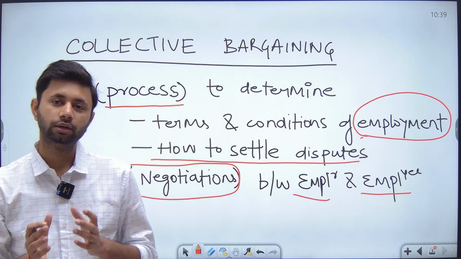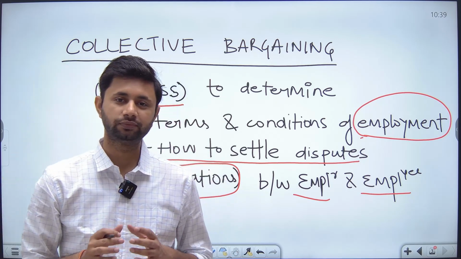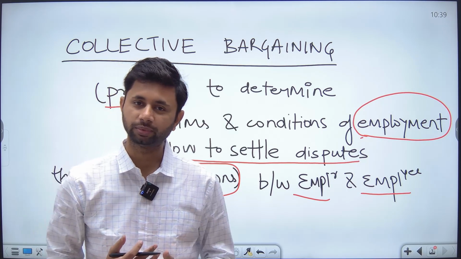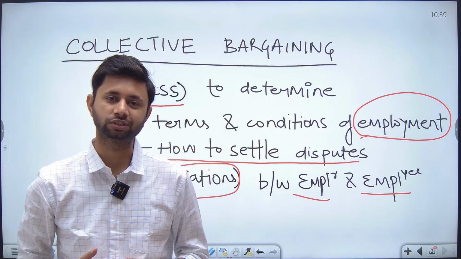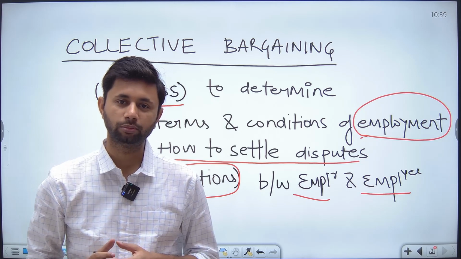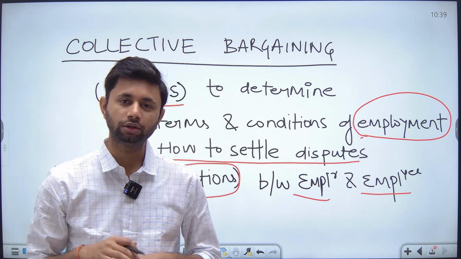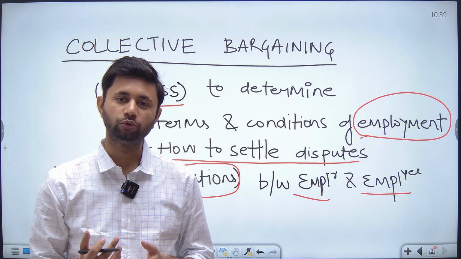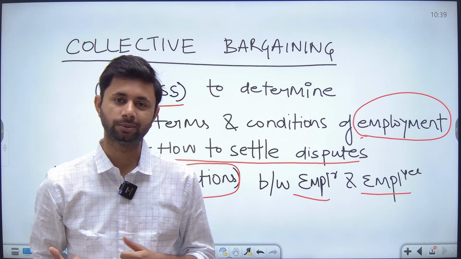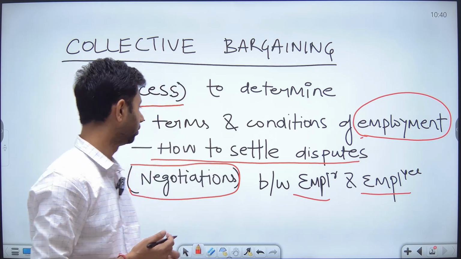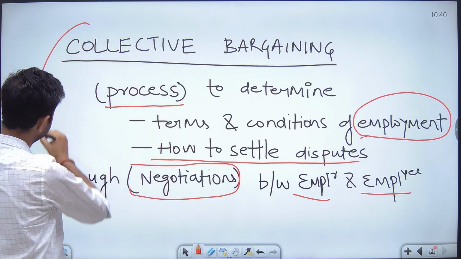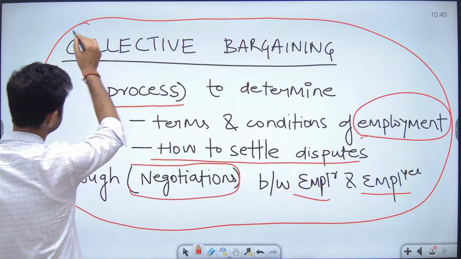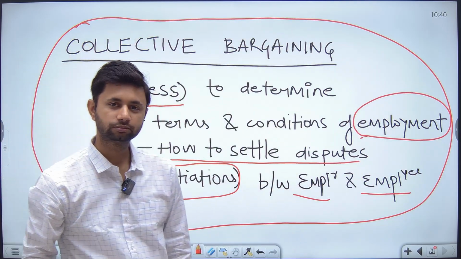It is a process where both parties sit together and chart out an agreement, where the agreement talks about the terms and conditions of employment, and it also talks about, in the event of difference of opinion, how the management and the workers tackle these issues. Okay. So this is in crux collective bargaining. I hope you understand this.